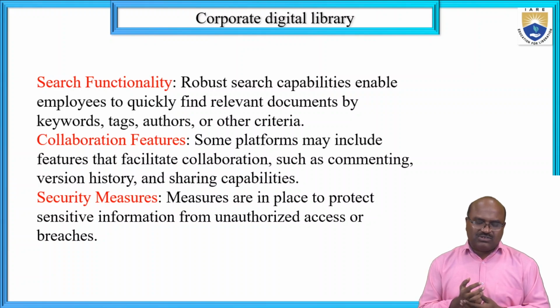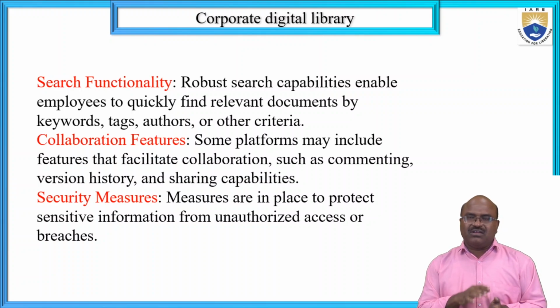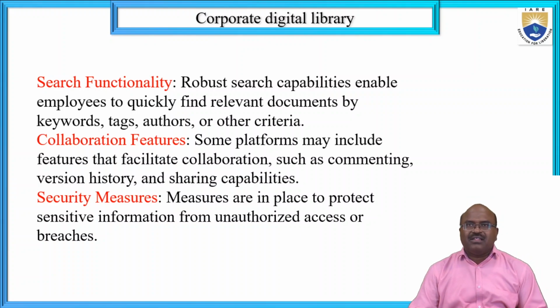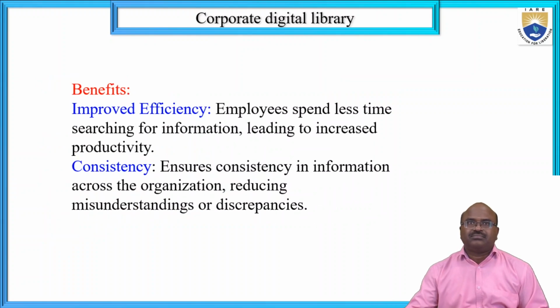And the third one is the security measures. Without security, it is very dangerous in the corporate digital market. So you can maintain good security in the corporate digital library. These three are the most important things of the corporate digital library in the e-commerce business.